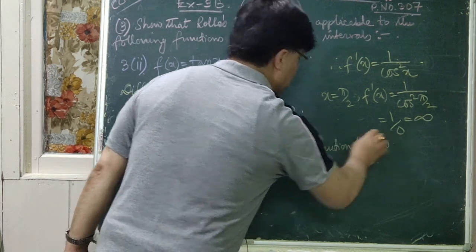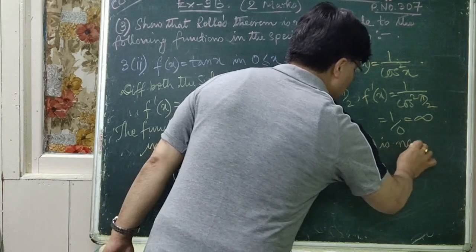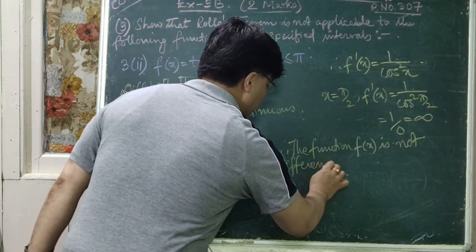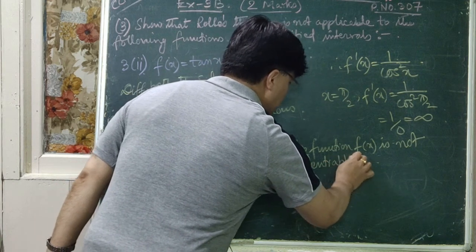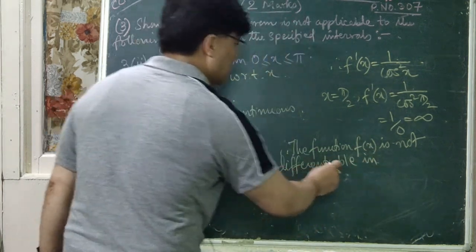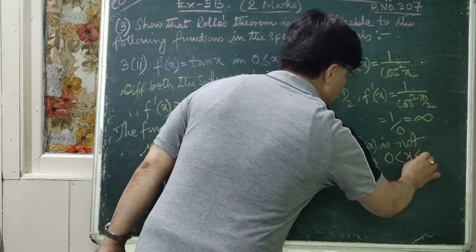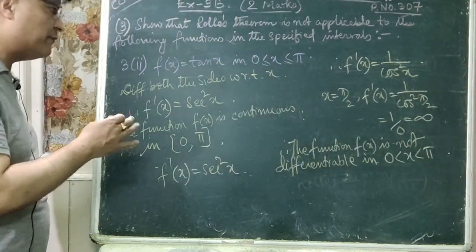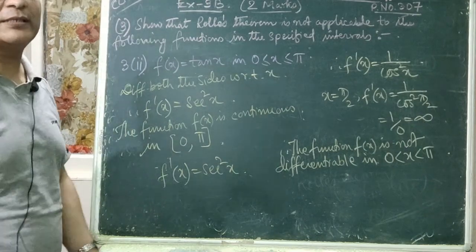So hence you can write, therefore the function f of x is not differentiable in the open interval, that is 0 less than x less than pi. Therefore the function f of x is not differentiable in the interval 0 less than x less than pi.